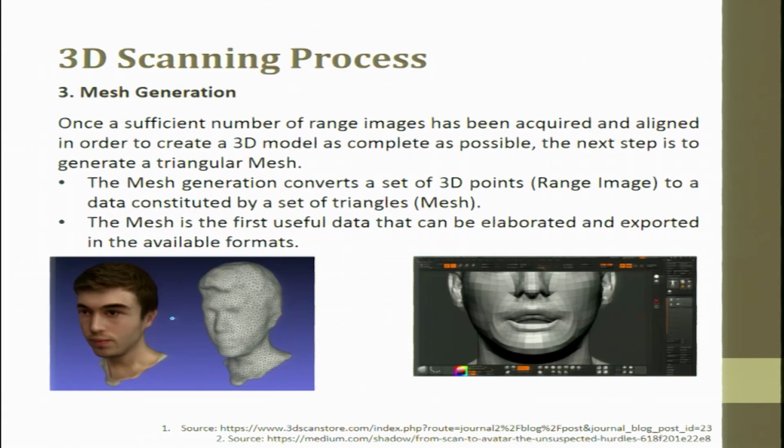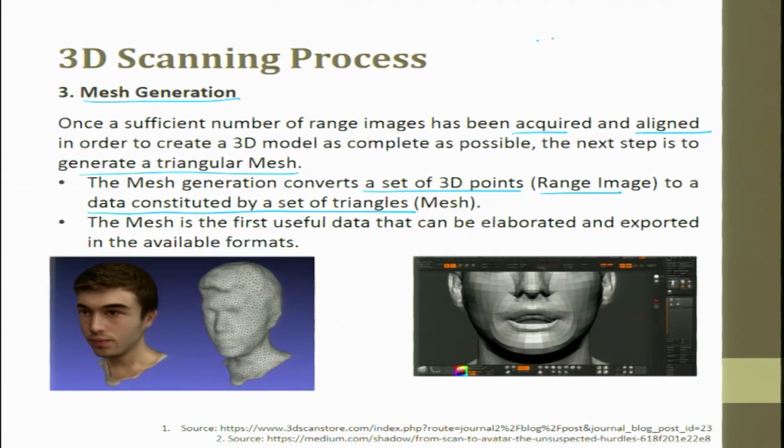Once you have made the point data, now the point data is assembled, and what you do is you try to do a mesh generation. Once a sufficient number of range images have been acquired and aligned in order to create a 3D model as complete as possible, the next step is to triangulate the mesh. The mesh generation converts a set of 3D points, a range image, to data constituted by a set of triangles.